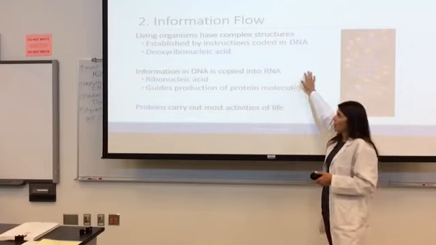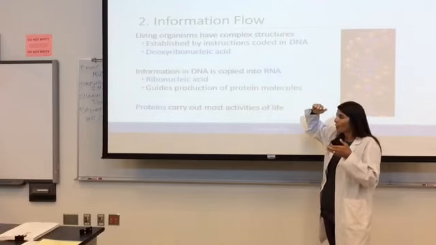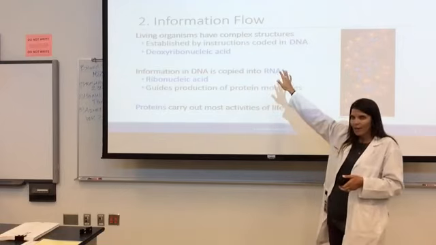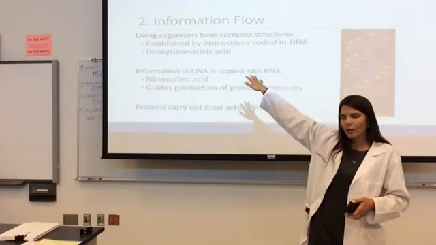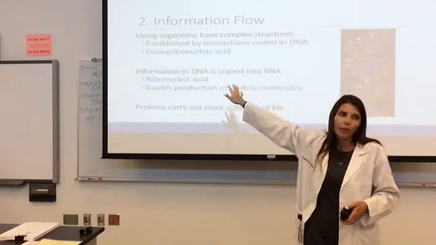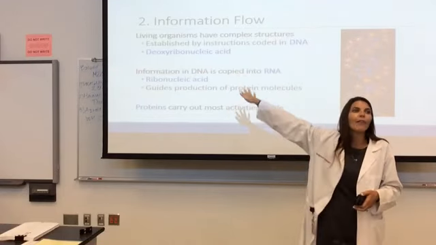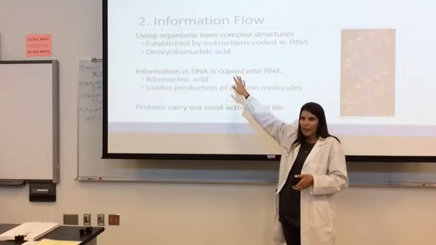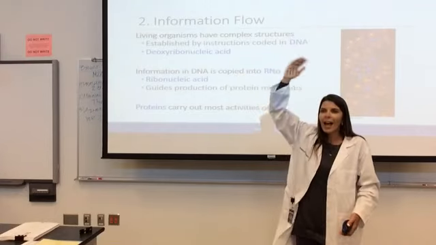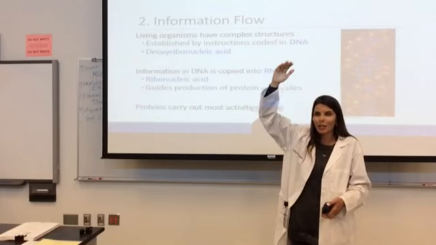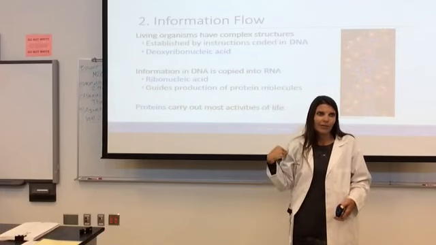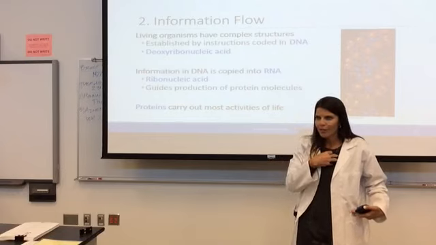DNA is our set amount of instructions that tells us what our body's going to look like, how our cells are going to function, how long they're going to live, where they're going to be located. Everything, information-wise, is stored in our DNA. But how does it go from one 6.5-foot piece of information to blue eyes and brown hair and bone and a heart?